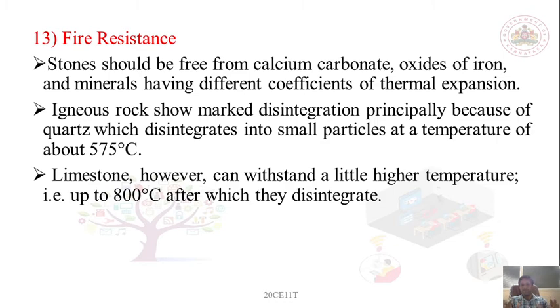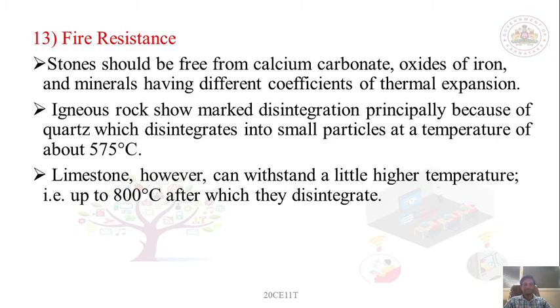If all these minerals together form a stone, and that stone is exposed to fire, what will happen? Some minerals will expand, some minerals will contract. Eventually the stone disintegrates. If all the minerals present in that particular stone have the same thermal expansion coefficient, then there is no chance of breakage.